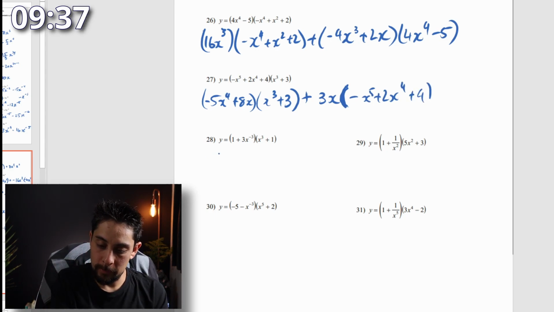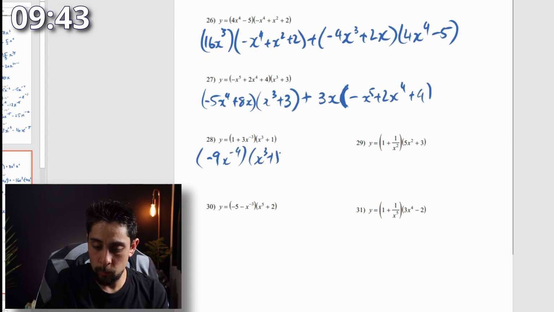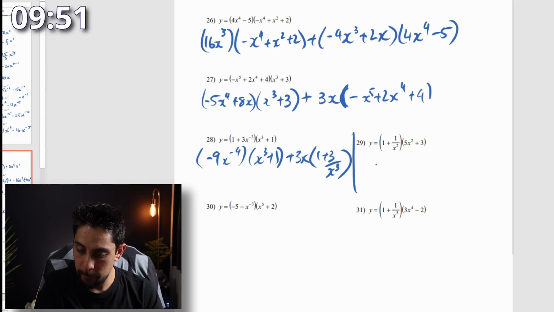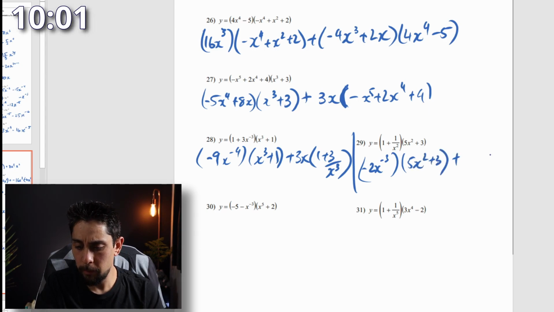Okay, next up we have negative 9x^-4. Multiply that by x cubed plus 1 plus 3x times the first bracket, 3 over x cubed. Mixing up notation because I can. Negative 2x to the negative 3 multiplied by 5x squared plus 3 plus 10x times 1 plus 1 over x squared.